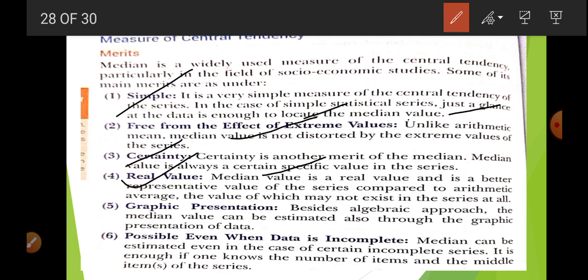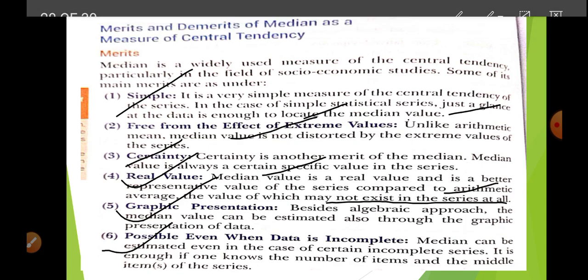Real value: in comparison to arithmetic mean, it is more real. Why? Because it is not based upon all the items. We can do the graphic representation, which is not possible in the case of arithmetic mean. It is possible even when data is incomplete, like open end series, we can make use of it. Why? Because median is always in the middle of the series.